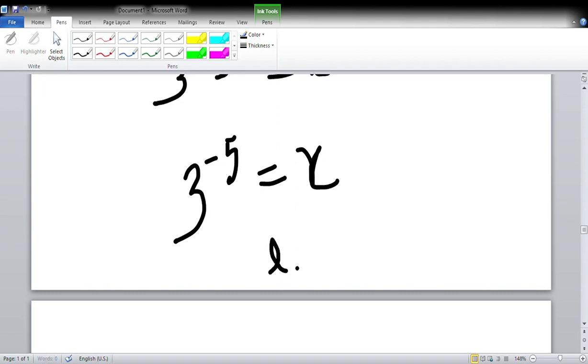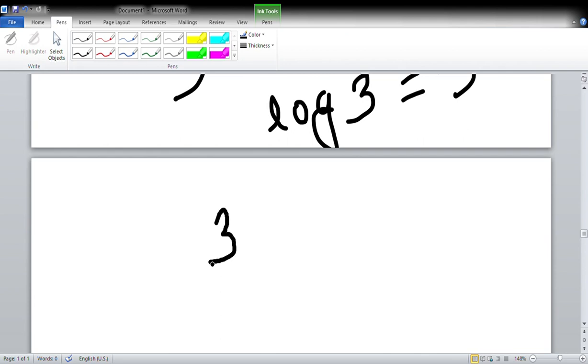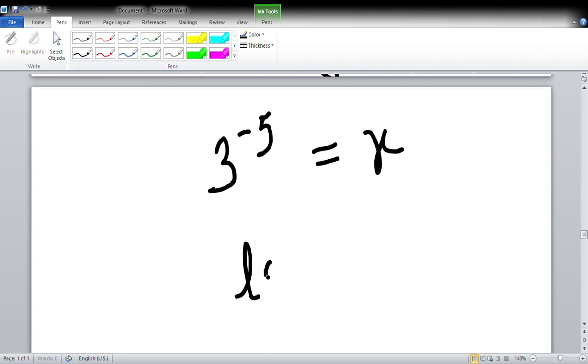Simple thing: log of x with the base 3 is equal to minus 5. Again, 3 to the power minus 5 is x. So this x, which is on the right side, will come to the left side.